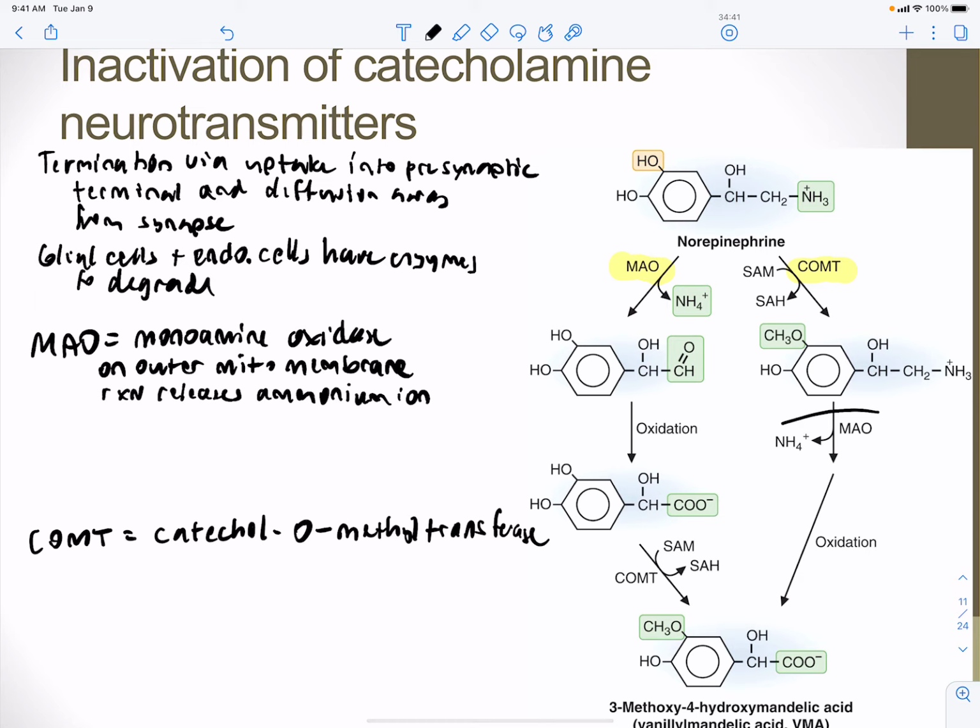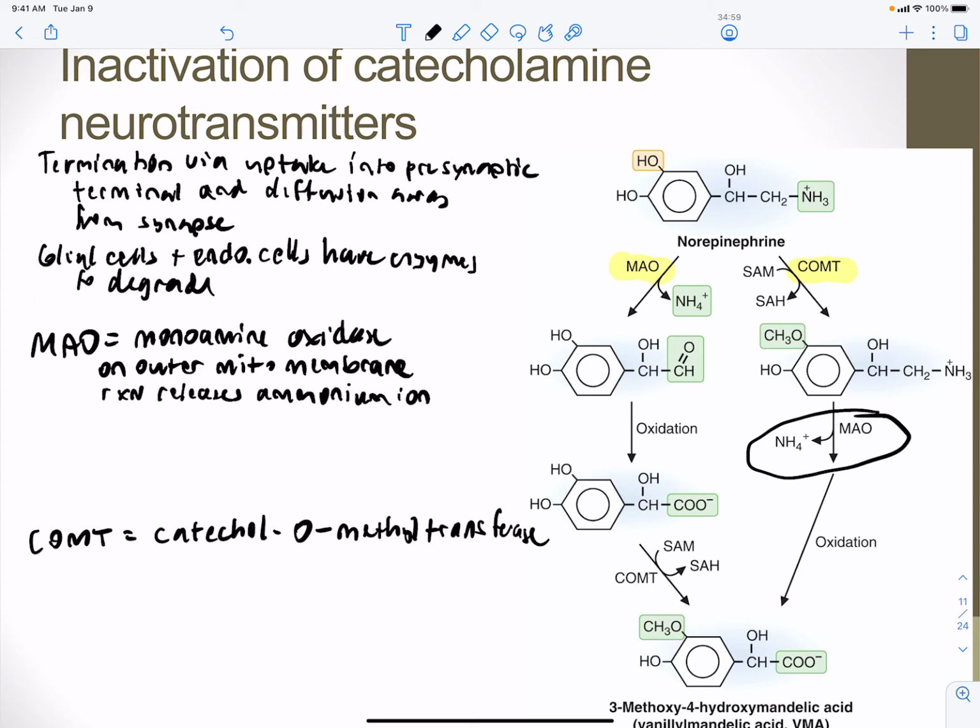And so here's the MAO. And then MAO can degrade catecholamines not protected in storage vesicles in the presynaptic terminal as well. So that's one of the reasons why, once you make your catecholamines, you want to get them inside the vesicle, or else they get degraded.